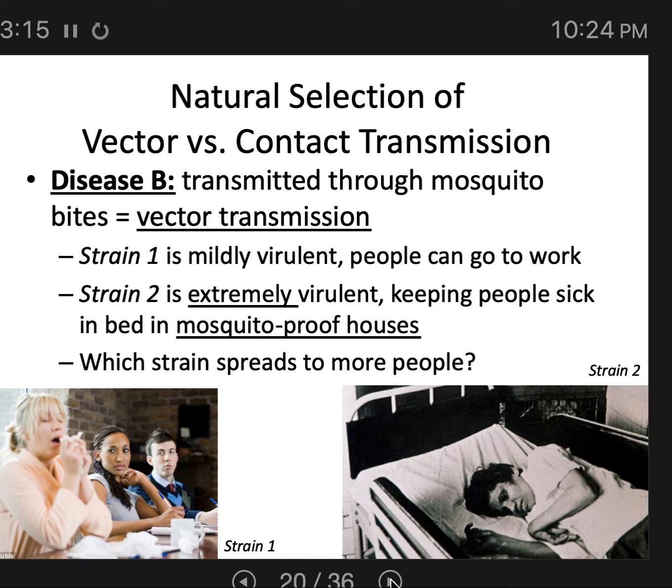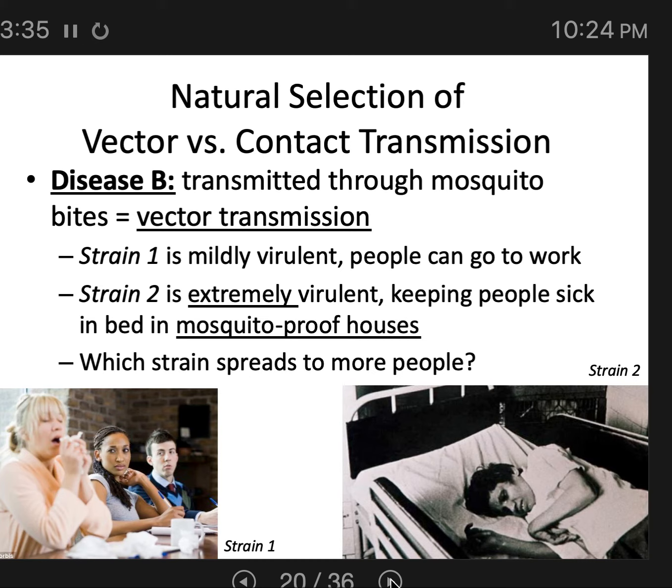So in this scenario, the pathogen is going to evolve towards mildness because humans with the harmful disease are now basically quarantined. They're home in bed. The mosquitoes can't reach them because they're living in mosquito-proof houses, and they are not transmitting their pathogen to other humans.